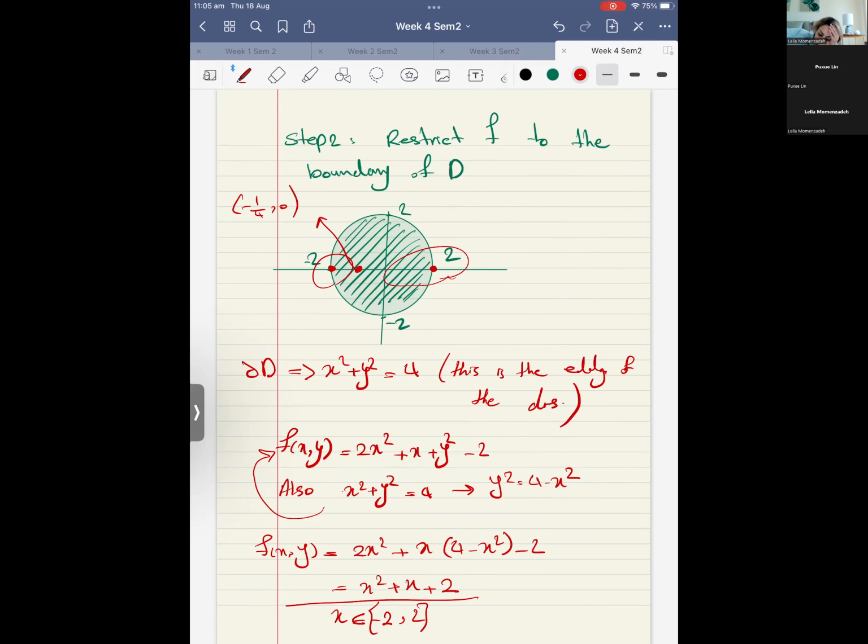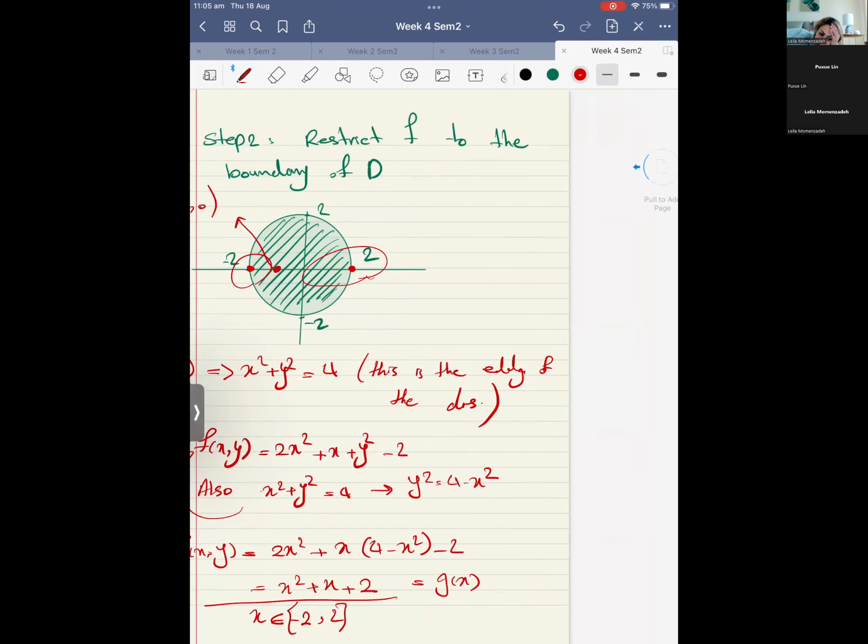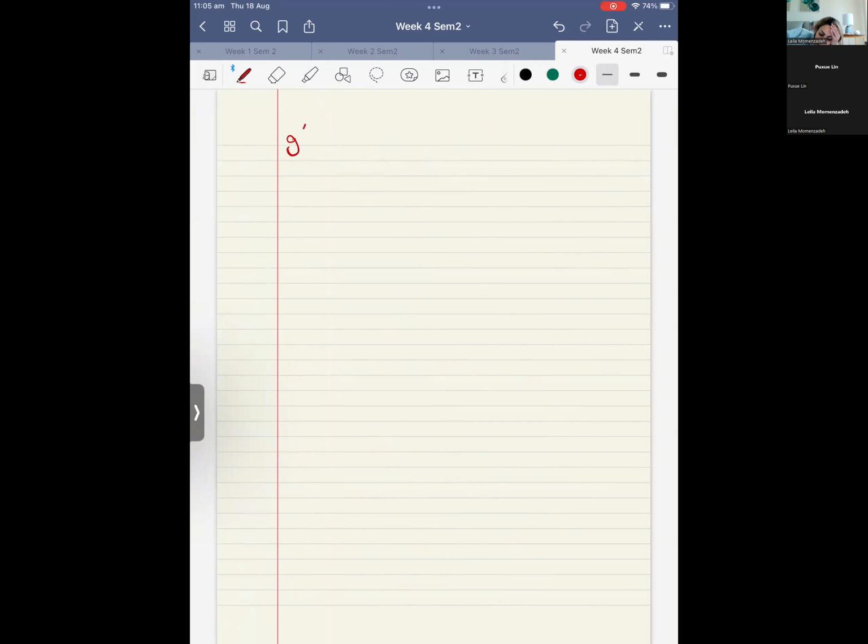Now, if I call this one g(x), a new variable, it means that g'(x), d over dx of x² + x + 2, is 2x + 1, which equals 0.